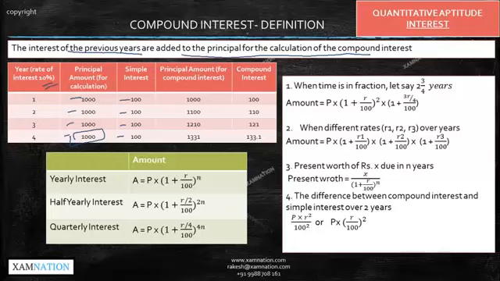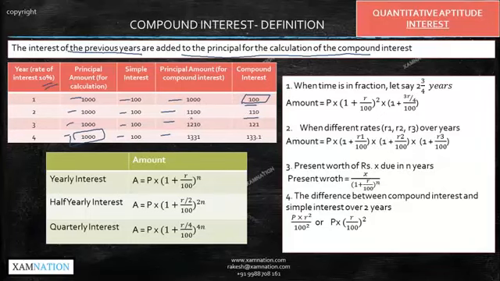But in case of compound interest, you can see that each year the principal amount increases by the amount of the interest incurred previously. For example, in the first year, 100 rupees is the compound interest incurred on 1000 rupees.